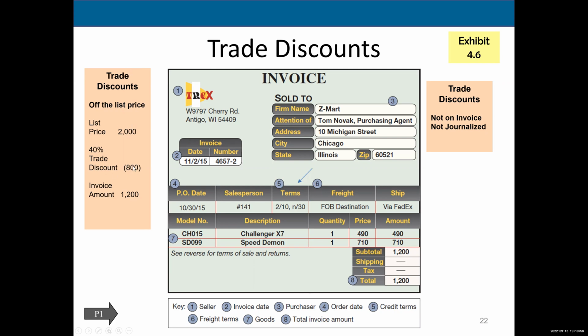We're going to just record the invoice amount. So we don't journalize the trade discount. So just remember that. Trade discounts, not on invoice, not journalized. We're just going to do what we really owe, which is the $1,200 that's on that invoice. Okay.